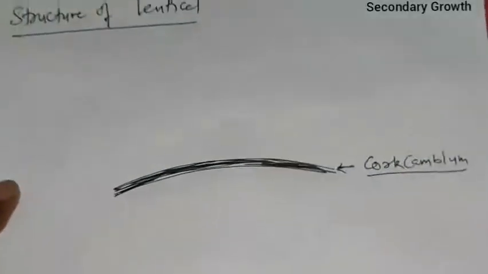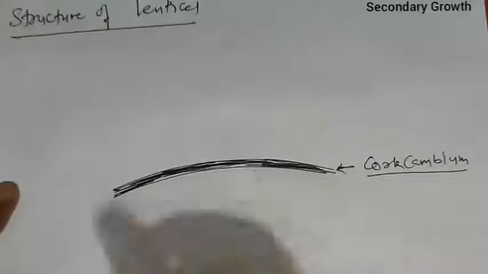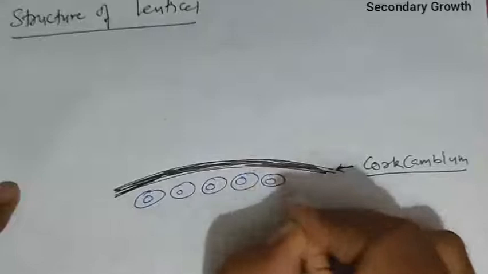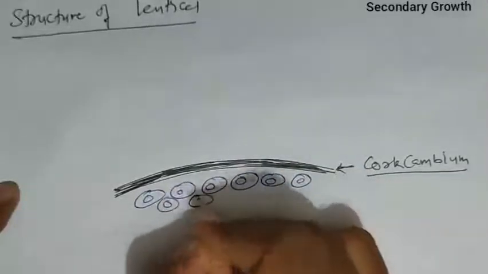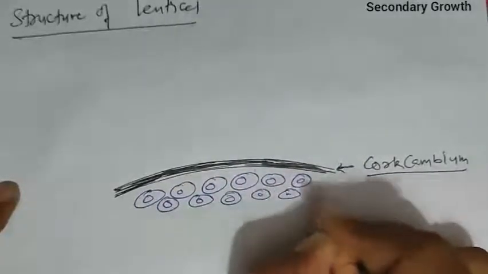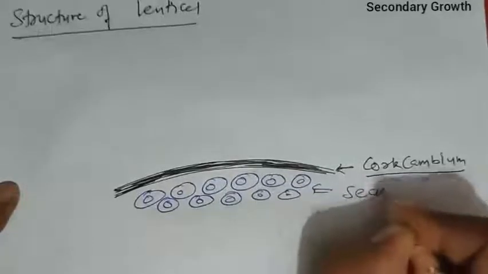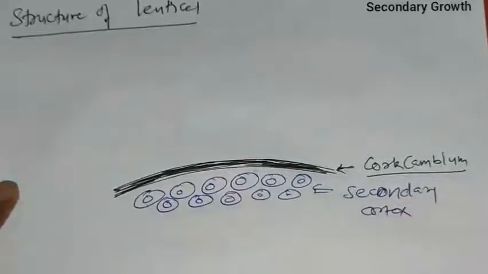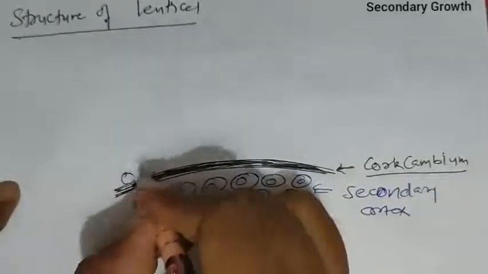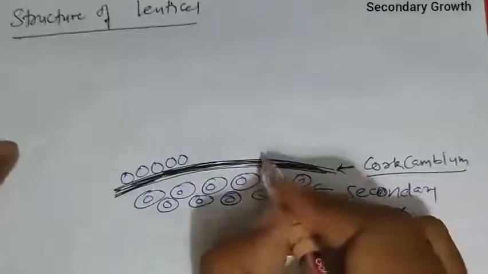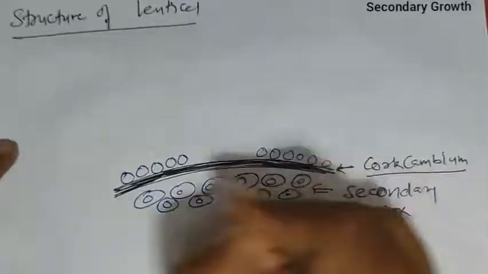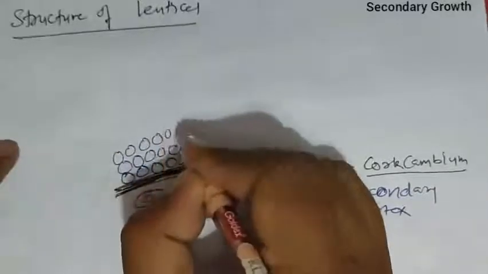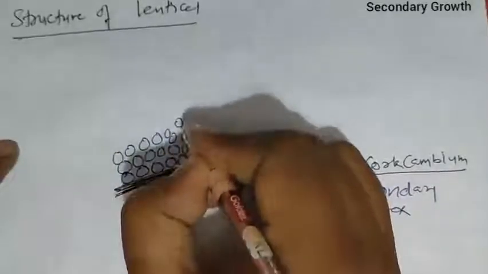Okay, inner to this cork cambium, what happens? There is a formation of secondary cortex. And outside we find cork. But this cork gets removed in certain parts.